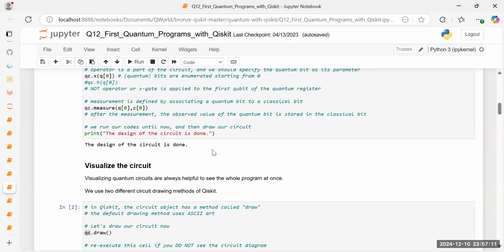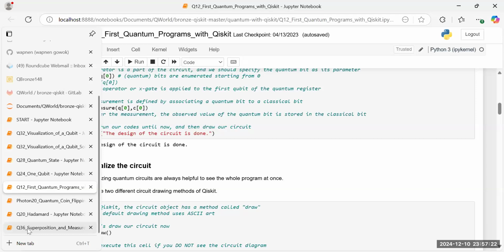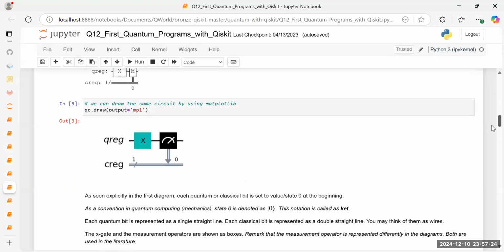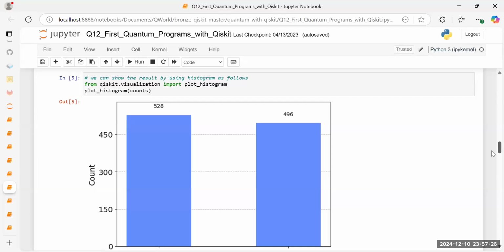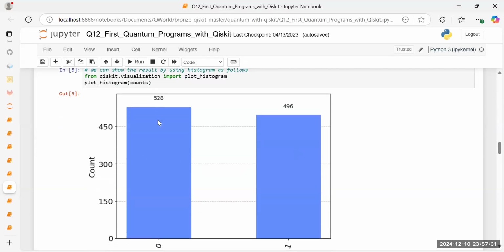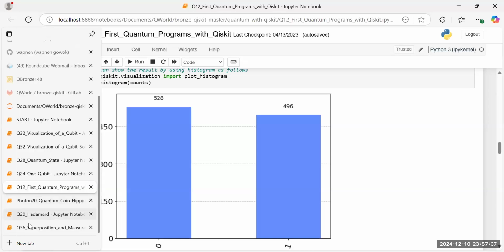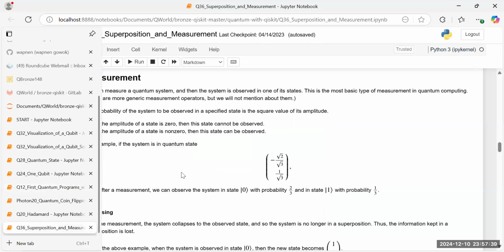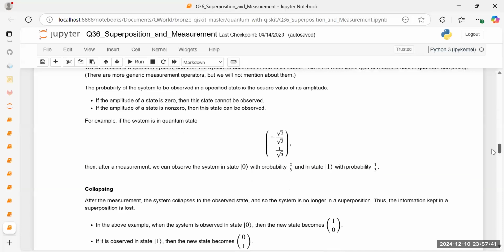When we perform measurements, we're just transferring information from our qubit to our classical bits, and we'll now retrieve the results from our classical bits. As you can see, we were getting some distribution, with a certain number of zeros and a certain number of ones. From this, we'll now try and reconstruct the quantum states that were there before we measured.